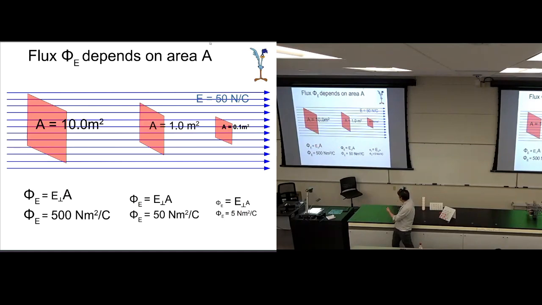If you calculate the flux through the large surface, you get a large flux because the surface was large. The flux through the small surface is small because the surface is small. The perpendicular component of the field in each case was exactly the same. So this is the dependence of flux on the area of the surface.